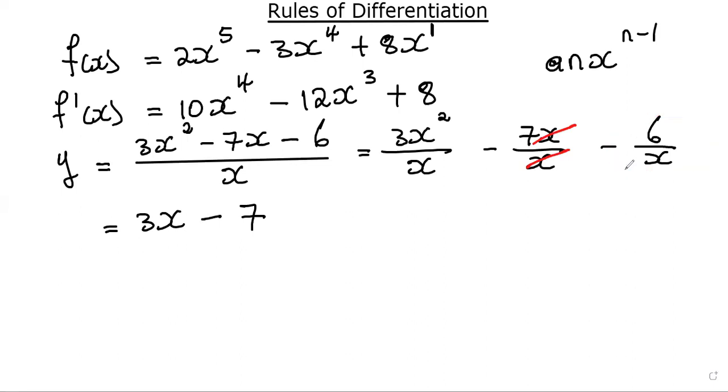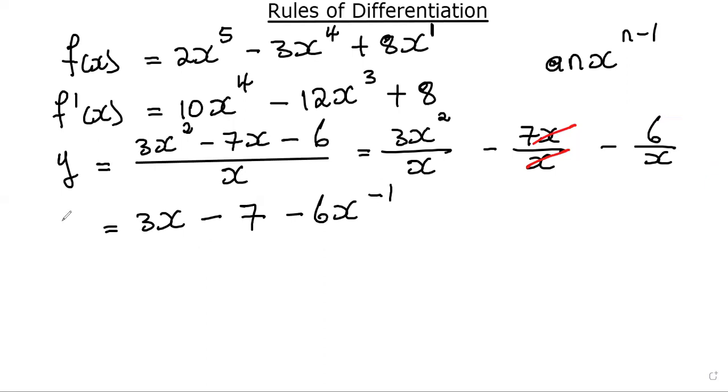But we remember the power rule says you can't differentiate for as long as the variable you are differentiating with respect to is in the denominator. So we have to write this in negative exponential form. And this is how it's going to be.